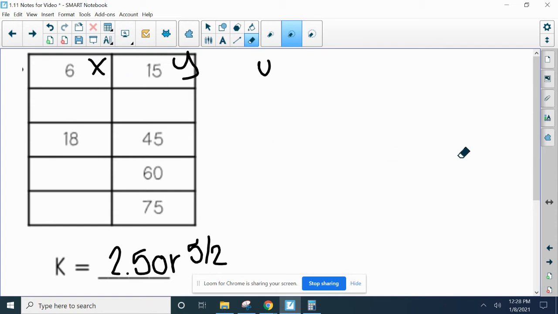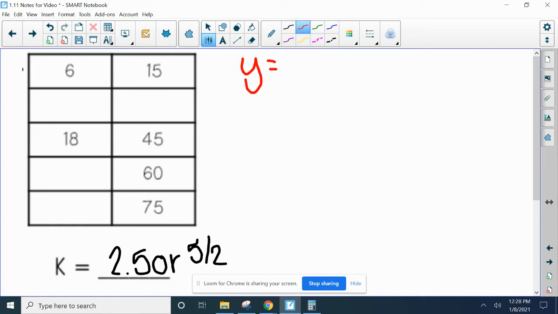So this is how our table is going to move. So we know that our y is going to be equal to 2.5 times x. So let's go ahead and leave our x and our y. We're going to go to the top last.